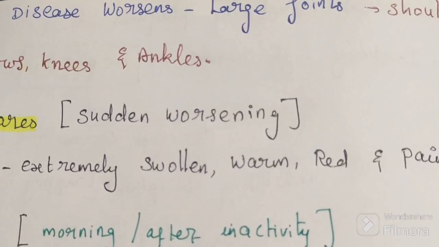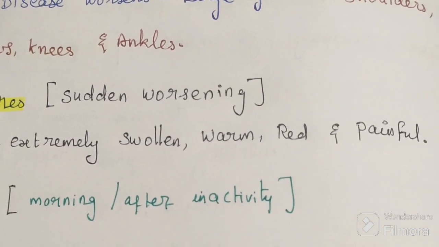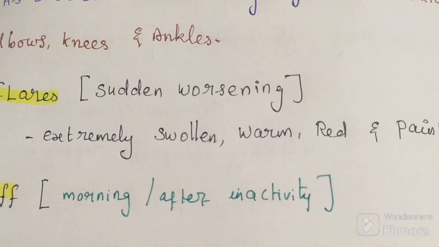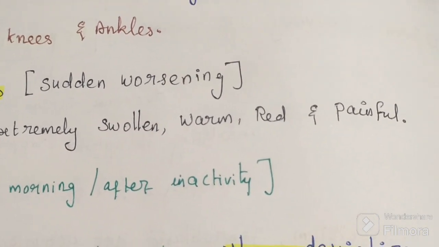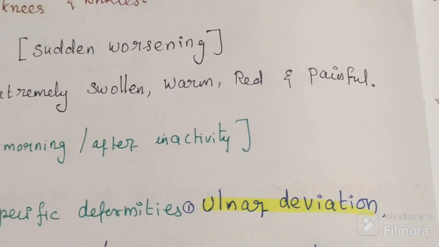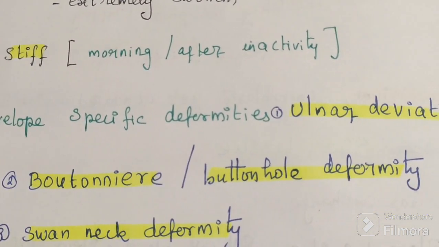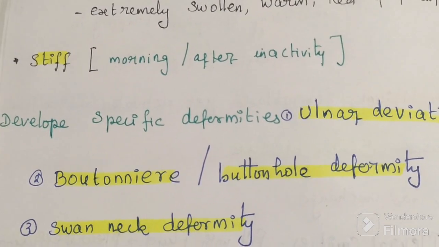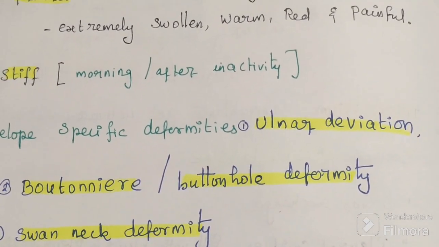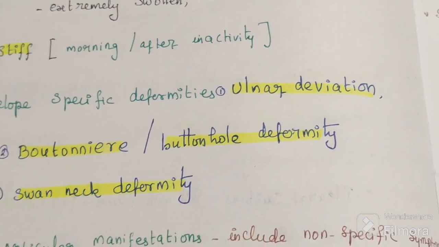During flares, or sudden worsening of the disease, the affected joints get extremely swollen, warm, red, and painful. Over time, they become stiff, especially in the morning or after being inactive for a prolonged period of time.